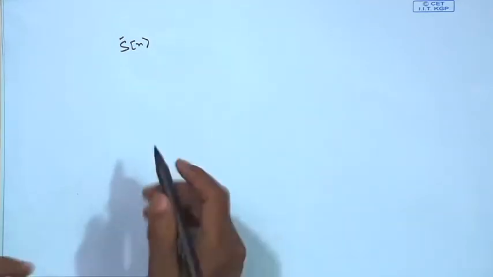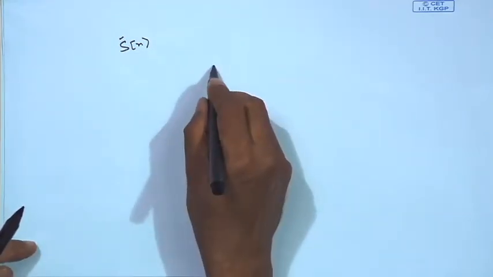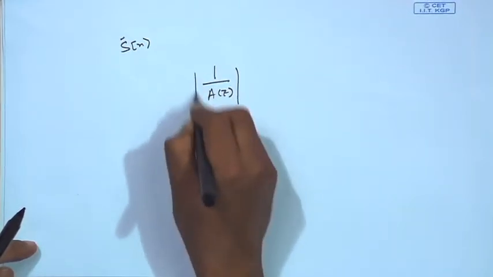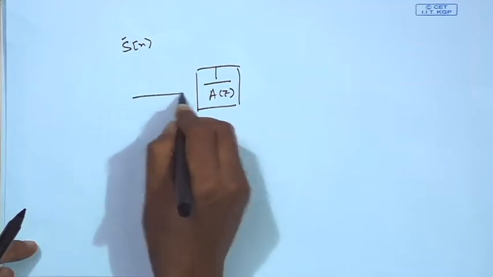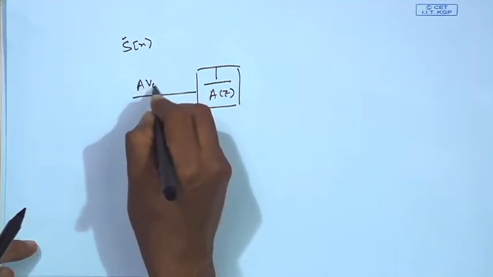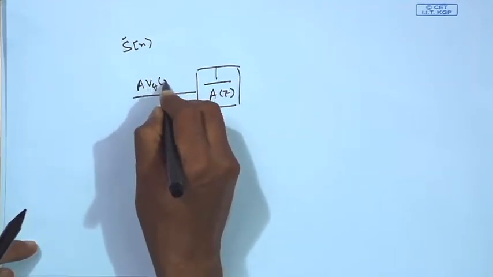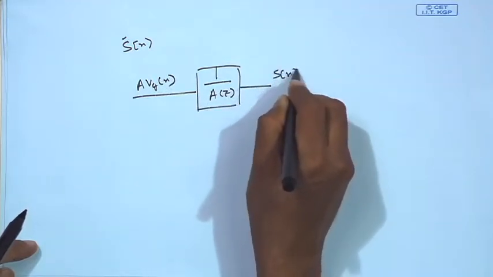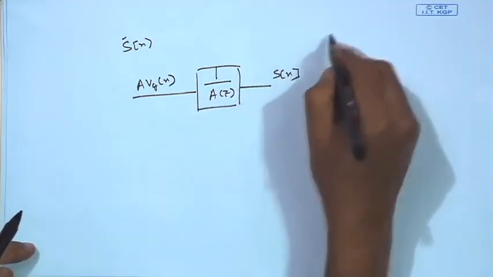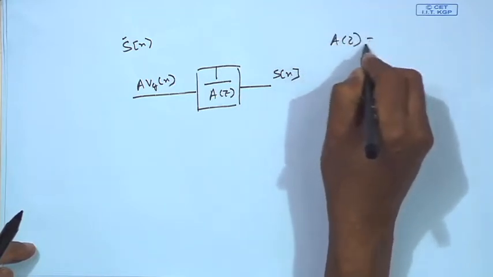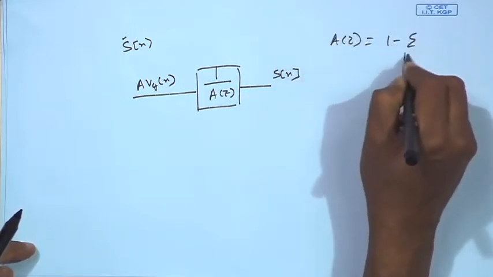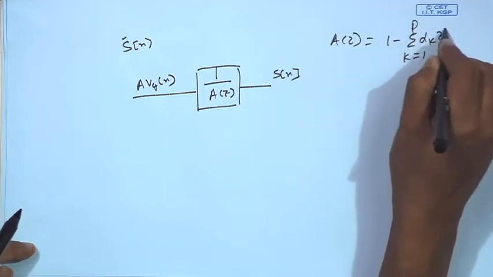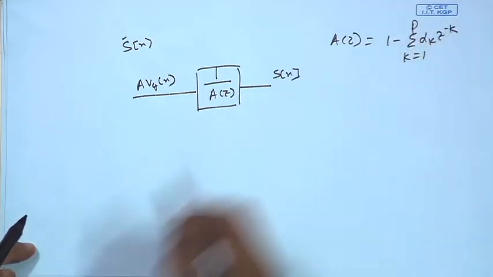So if I synthesize with 1 by A(z) and pass the value of e[n] through this filter, I get the speech signal S[n], where A(z) is nothing but 1 minus the sum over k equal to 1 to p of alpha_k z to the power minus k. This we have done.